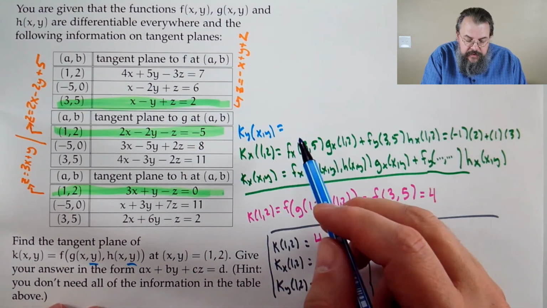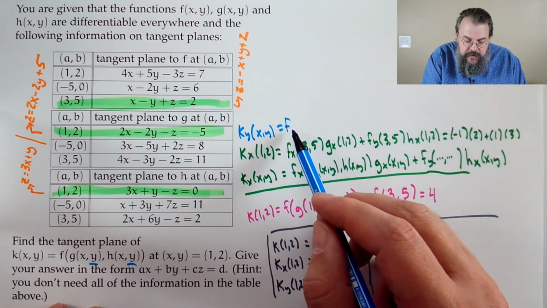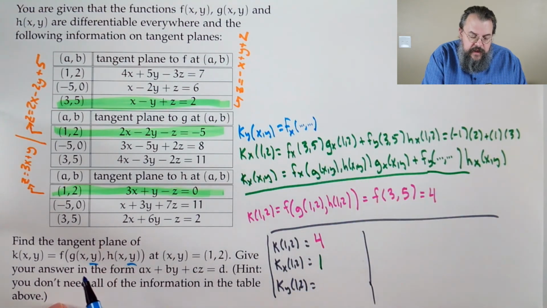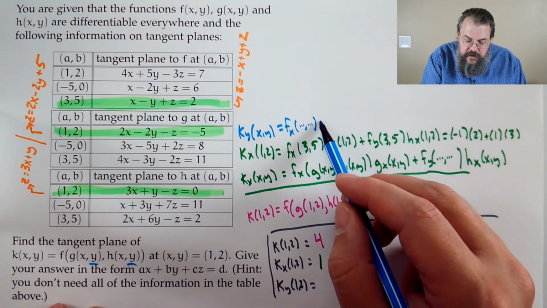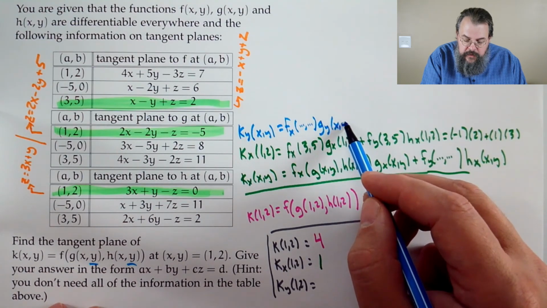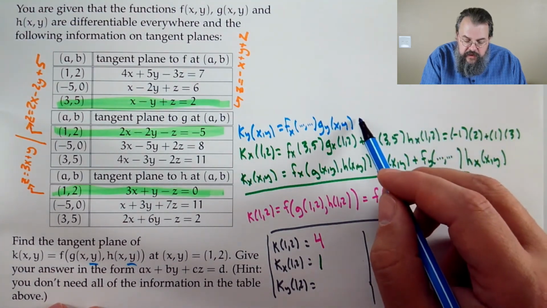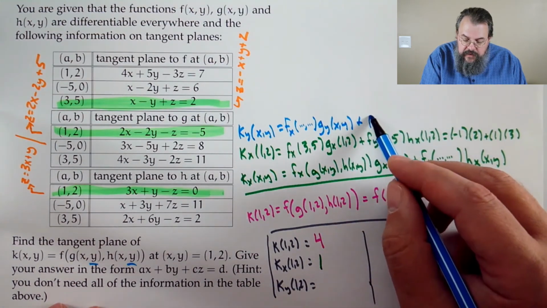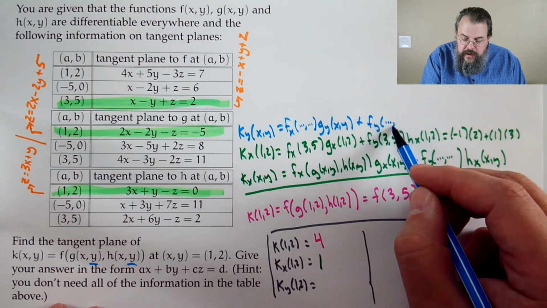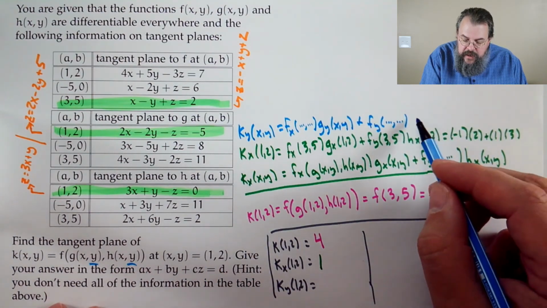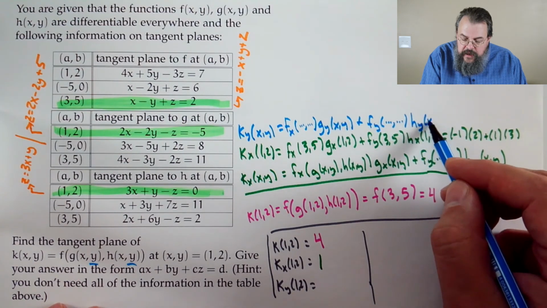So we're going to take the derivative of the outside with respect to the first slot, f sub x of the inside, times the derivative of the inside, and here we're going to do it with respect to the second slot. So g sub y of xy. And then plus, now take the derivative with respect to the second slot, f sub y, times the derivative of the second slot with respect to y, and that would be h sub y of xy.